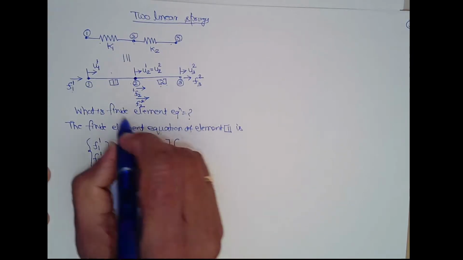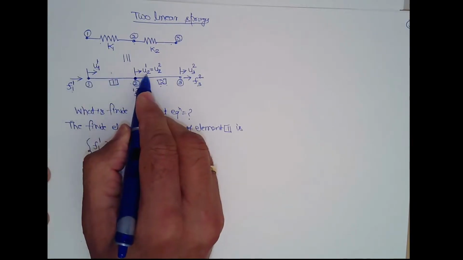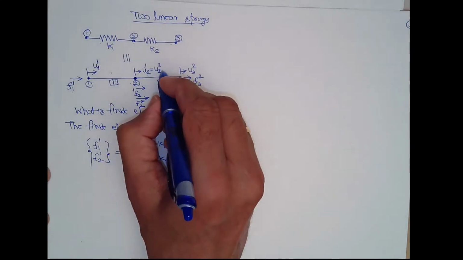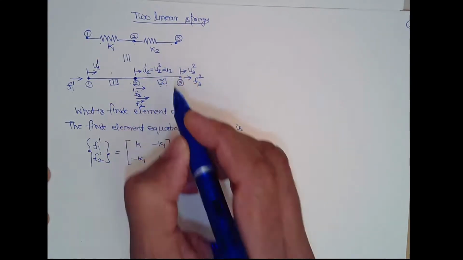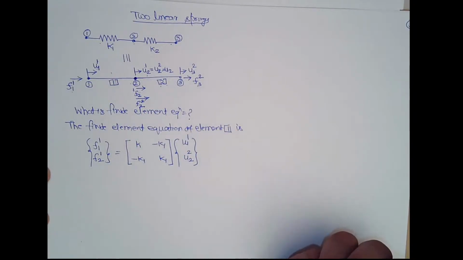And U1, U2. U1 is as written, and this U2 is equal in both cases, so I simply write U2. Or you write it this way for convention.